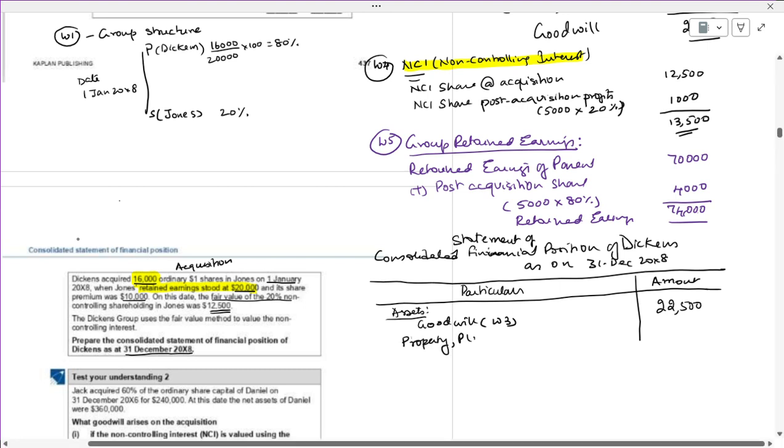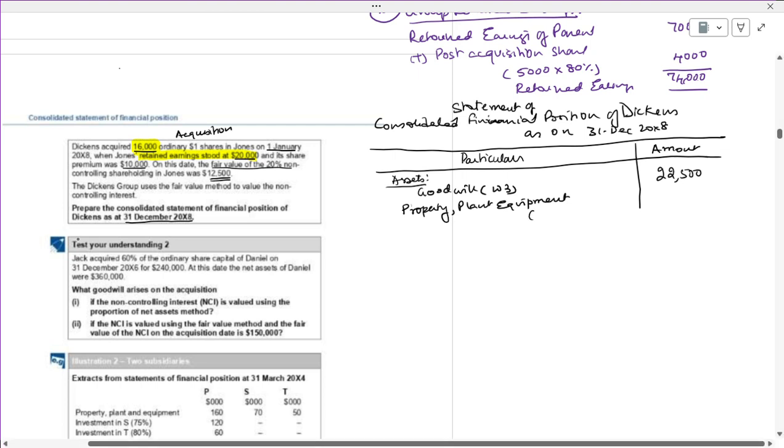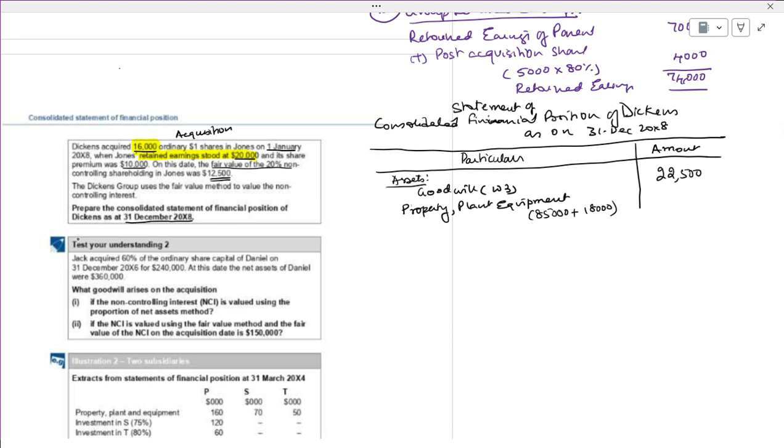How much is there? 85 is the parent, and the subsidiary is 18. So the total is 103.